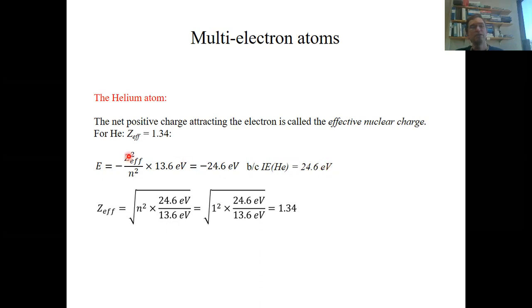Okay, so now we just need to solve this equation for Z effective. Z effective is the square root of n squared times 24.6 electron volts over 13.6 electron volts. And that's 1 squared times 24.6 electron volts over 13.6 electron volts, and that is 1.34.